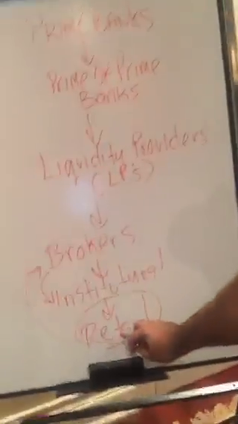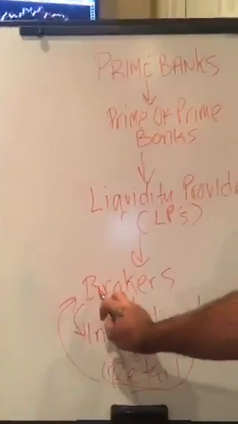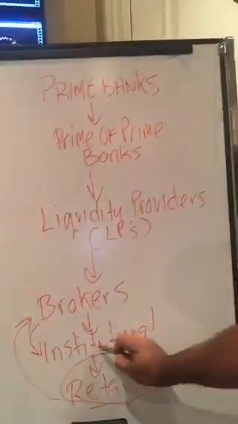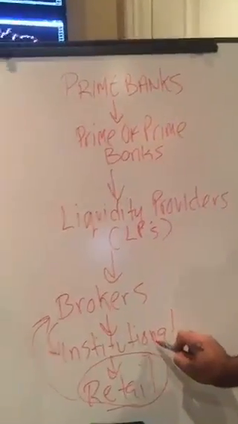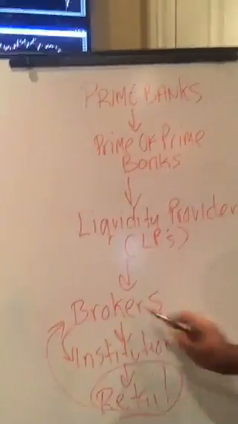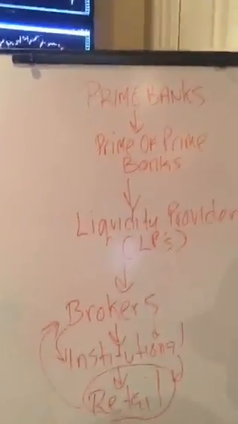So the instant the retail trader requests to buy US dollars from the broker, he checks and sees if anyone from the institutional side is selling US dollars. And if they are, that transaction is made. He takes from this guy and gives it to this guy.